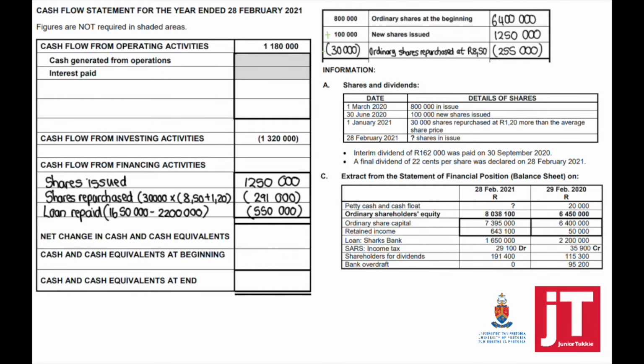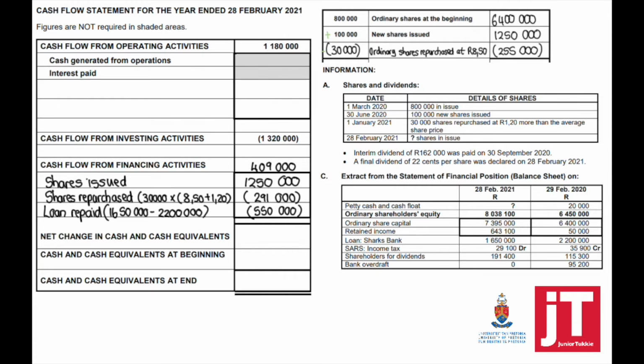We can now calculate the cash flow from the financing activity by taking the shares issued minus the repurchase minus the loan repayment. That equals 409,000. No brackets.